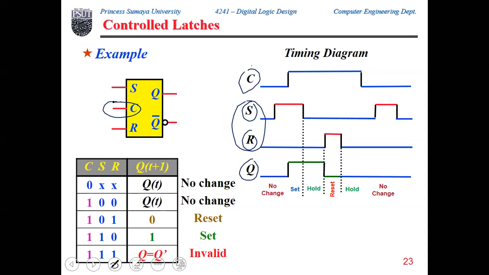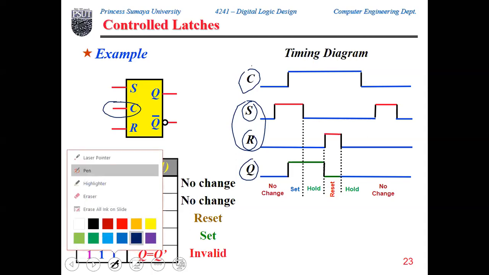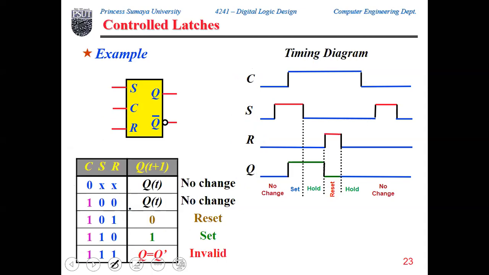Regardless of what happens to S and R when the clock is 0, we don't care about S and R. So as long as the clock is 0, any change in S and R will not affect Q. If Q is initially 0, it will stay 0 as long as the clock is 0, or S and R are disabled. In other words, C is 0, because we have no change.